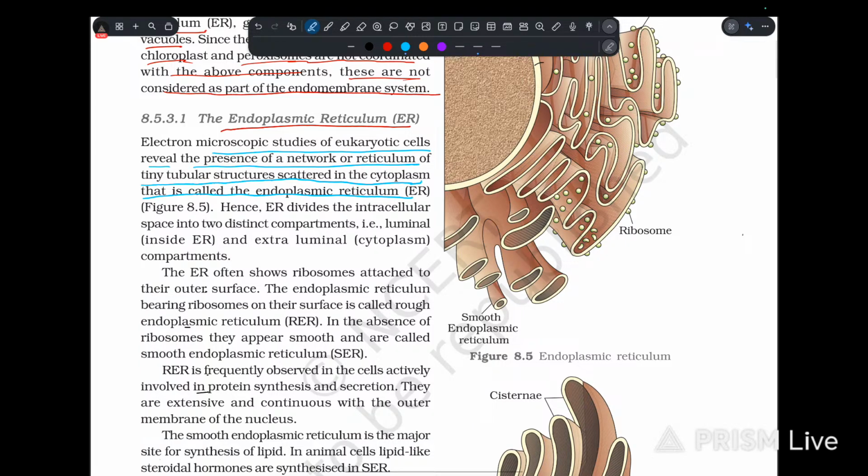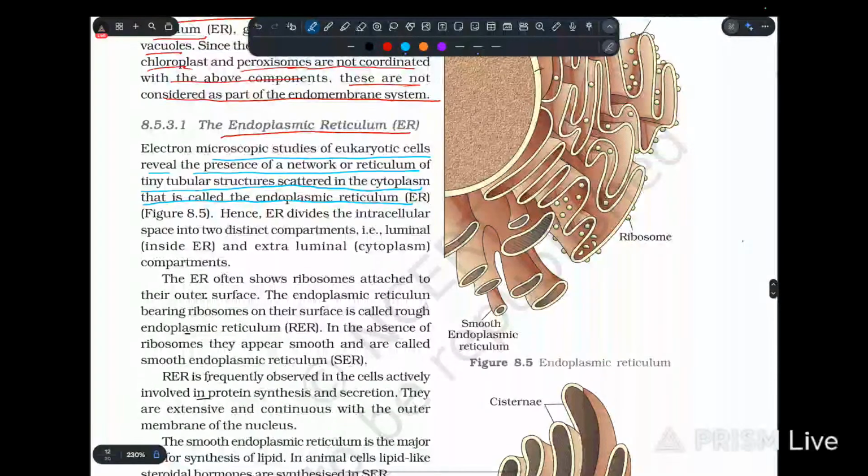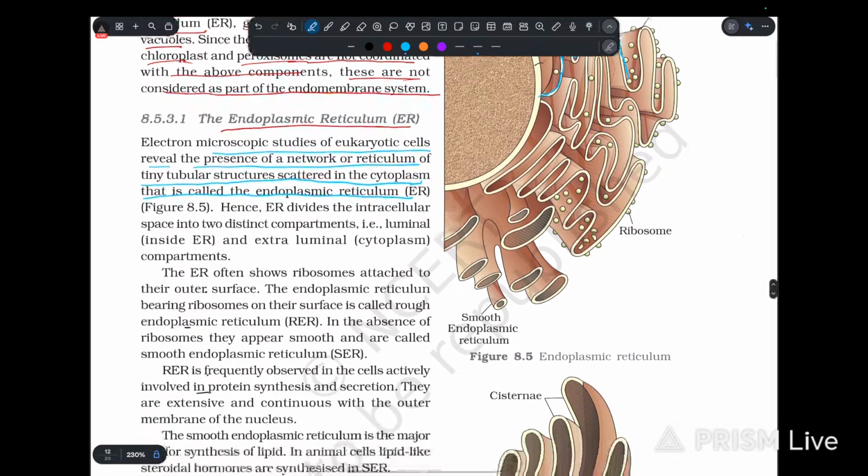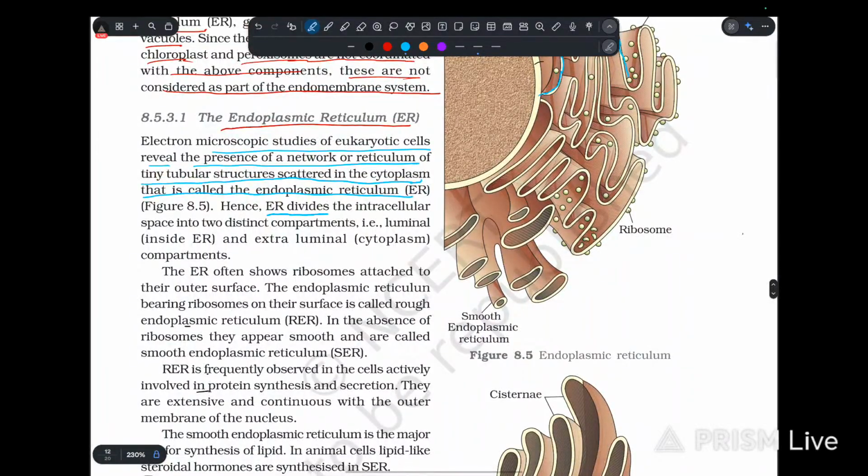Hence, the endoplasmic reticulum divides the intracellular space into two distinct compartments, that is, luminal, inside the endoplasmic reticulum, and extraluminal cytoplasm.